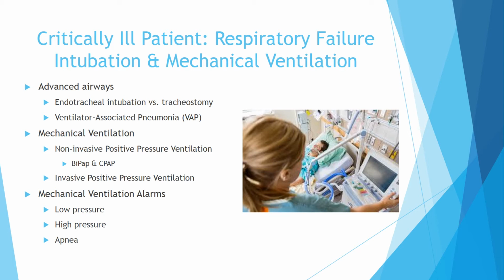But if they breathe too slow, then that ventilator knows to give them a little breath. It knows to administer a breath if the patient does not breathe on their own.